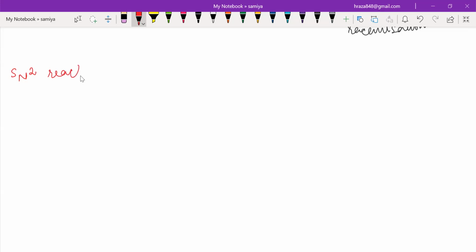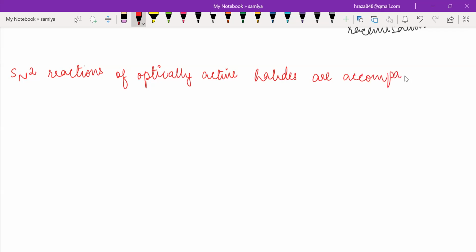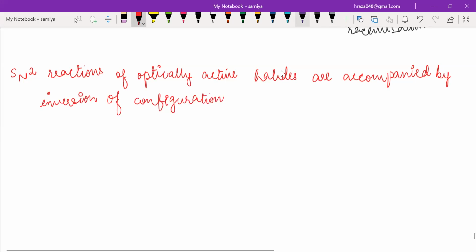SN2 reactions of optically active halides are accompanied by inversion of configuration. Inversion of configuration, because it is from the backside. The attack is from the backside.